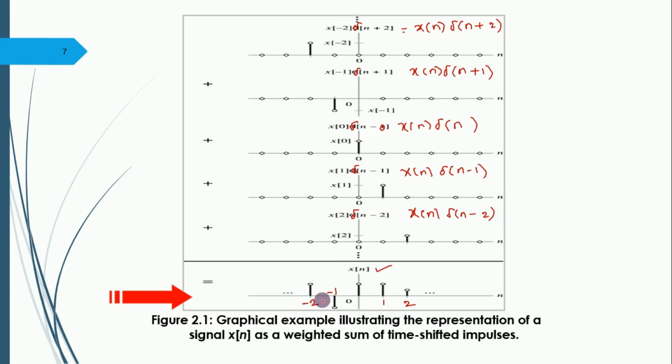If I want a delta function at this place, I have to shift it to the left by 2 units. How to do it? Delta of n plus 2. This shifts the delta function by 2 units to the left. So that is what I did. And when you multiply it with x of n, x of n delta of n plus 2 will give the signal like this.